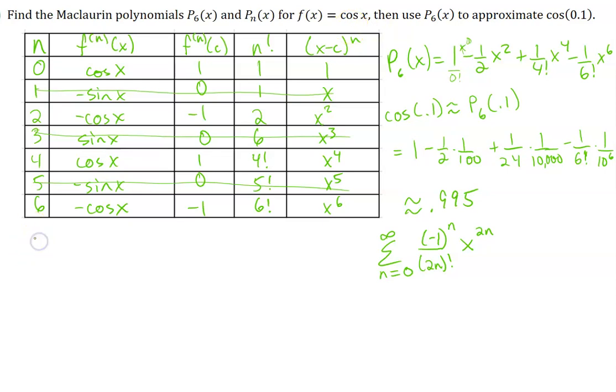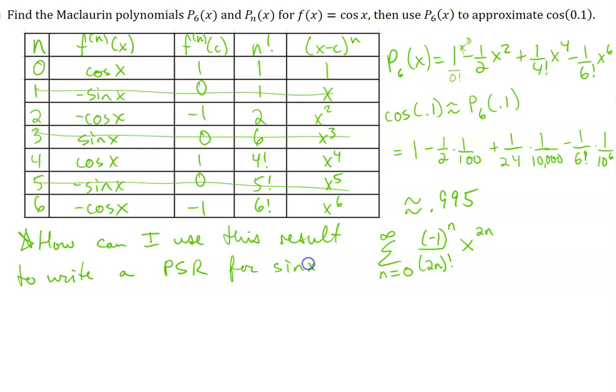So my question here is, how can I use this result to write a power series representation for sine x? Well, if you think back to the things that we did with power series in 9.7, remember we said that we could take the derivative of a power series or an antiderivative of a power series by taking the derivative of just the nth term in the summation notation.